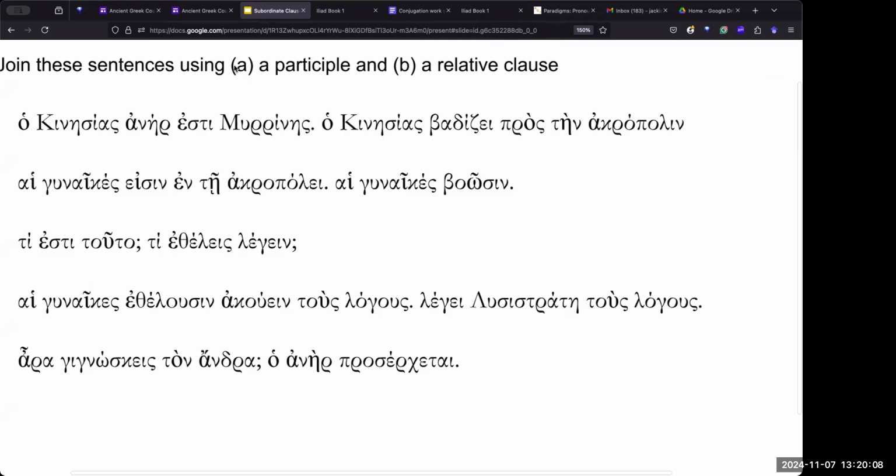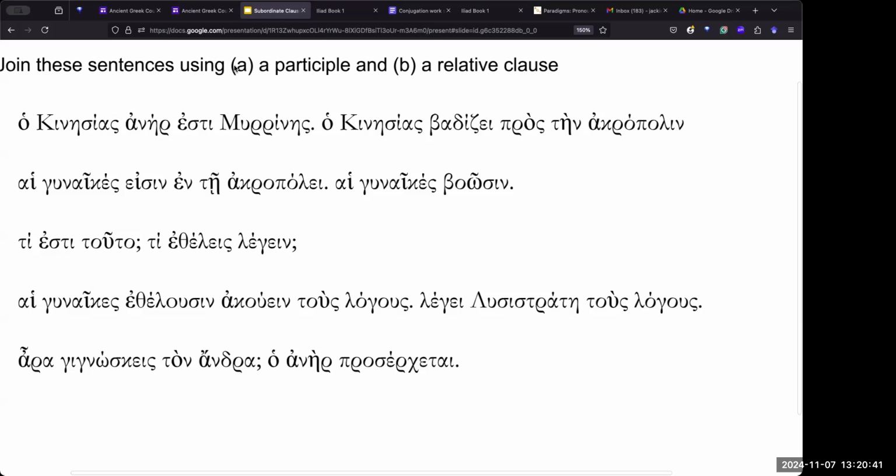So we need accusative, because you can tell what pronoun you need by whatever case it is in its sentence. In hi gunaikes ethelusi akuen tus logus, it's accusative. And in the other sentence, lege Lysistrate tus logus, accusative. So in both cases it's going to be accusative, whichever one you do the relative to.